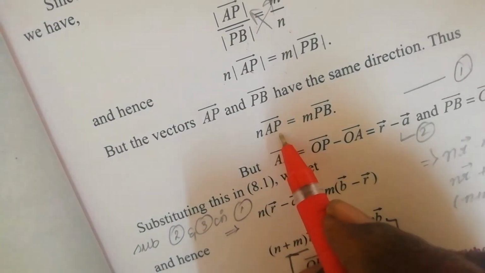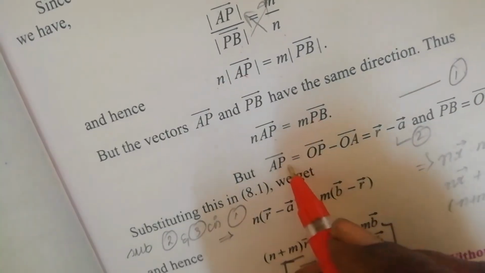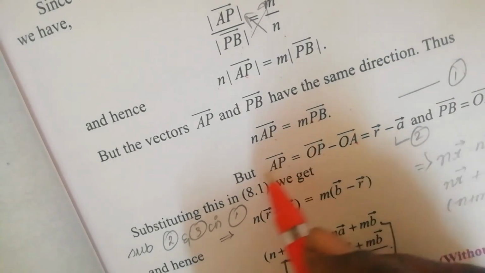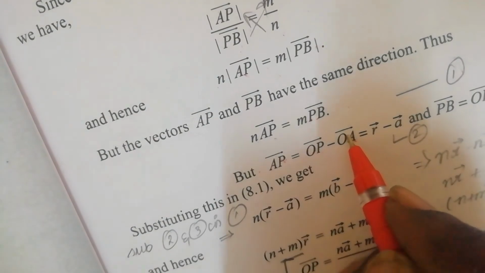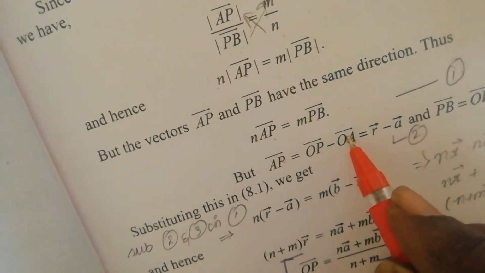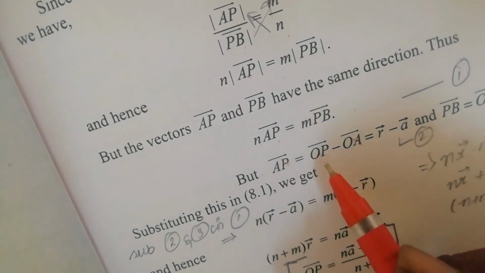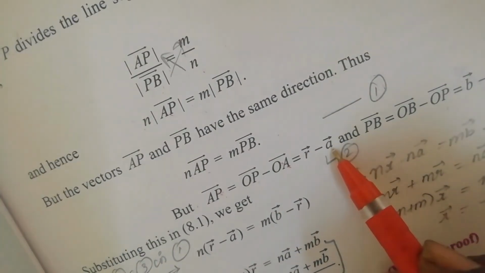So N into AP equals M into BP. Okay, AB you know: the formula for position vectors is AB means OB minus OA. Already I told you, AB vector means OB vector minus OA vector. So AP vector is equal to OP minus OA, that is R minus A.